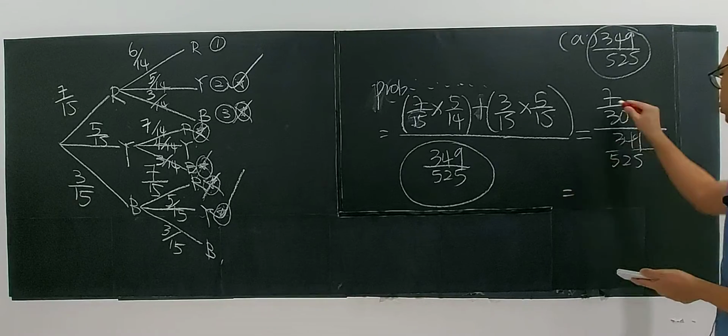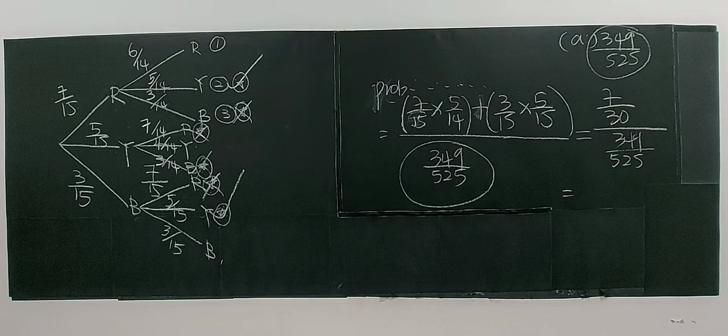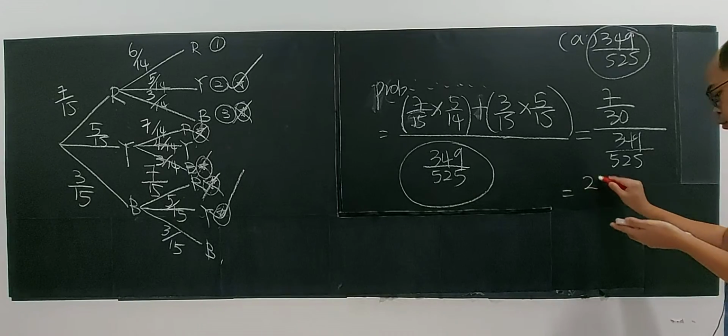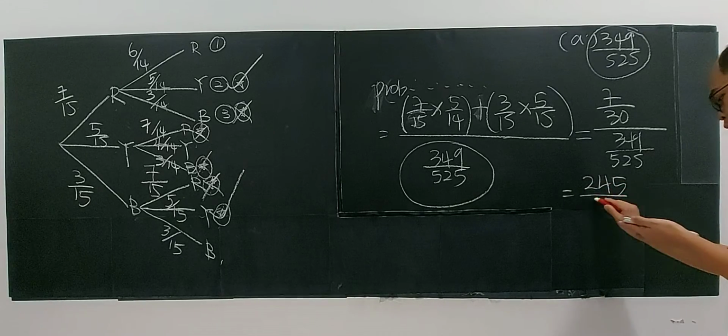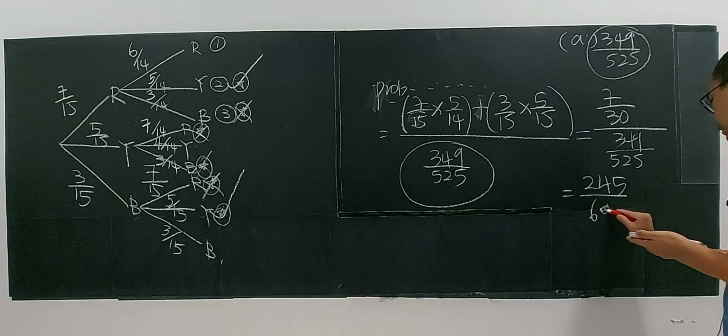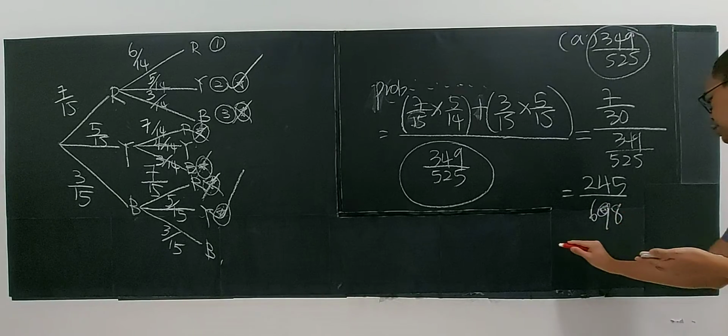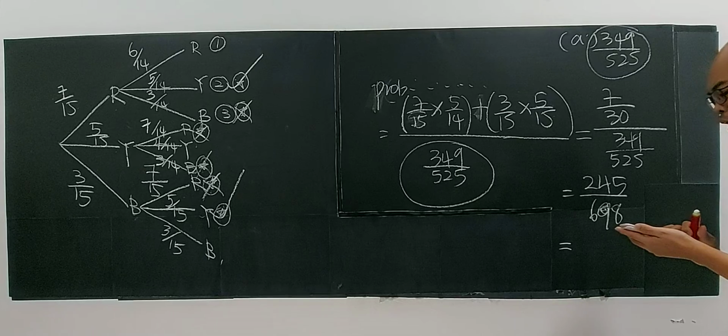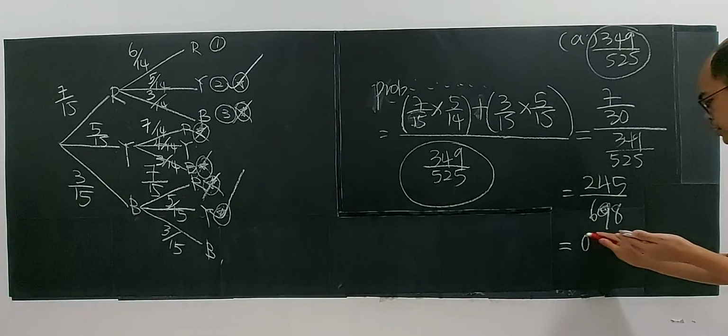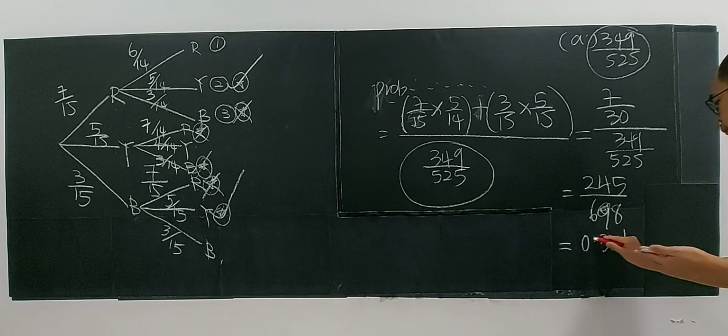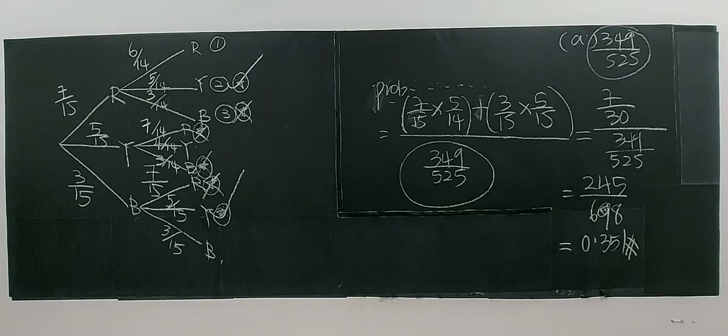So if you divide these two, the probability will be 245 divided by 698, which you can rewrite in decimal form. In 3 significant figures it will be 0.351, the conditional probability for this event here. All right, hope you understand the meaning of using a tree diagram to find conditional probability. Alright, that's all for this video.